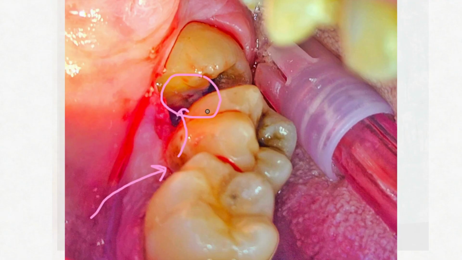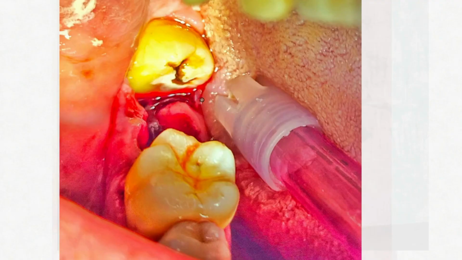And after that, we removed the lower 7, the second molar, by the forceps. And as we see here, we have the lower 7 extracted, and we have a very good accessibility to the lower 8. And after that, we started applying force by the straight apexo in this space.